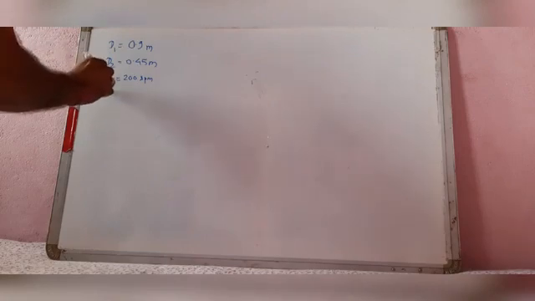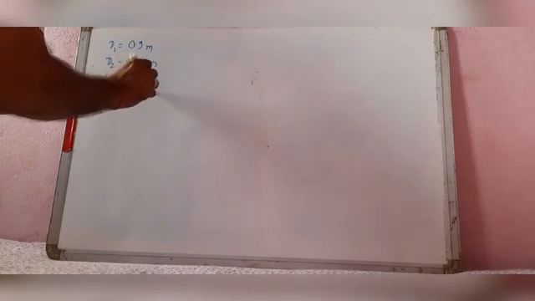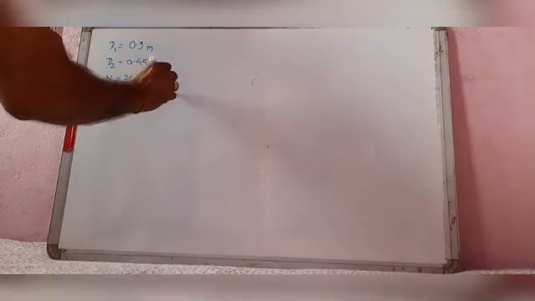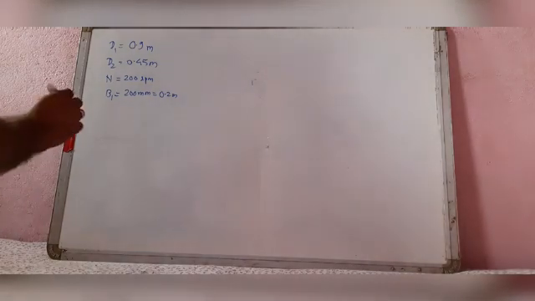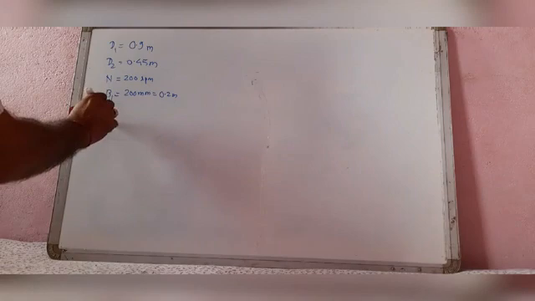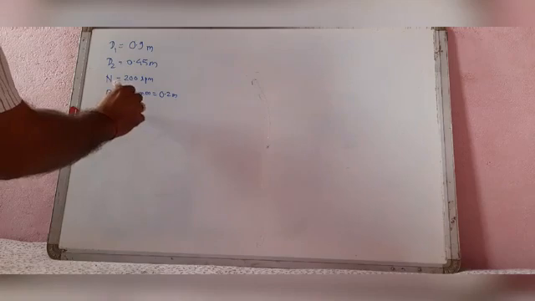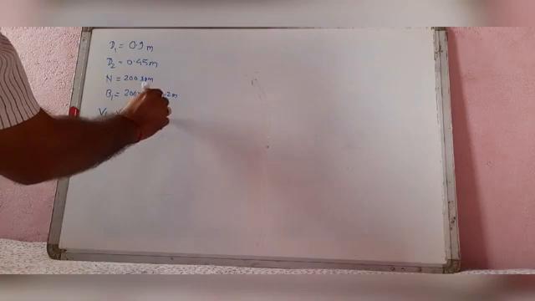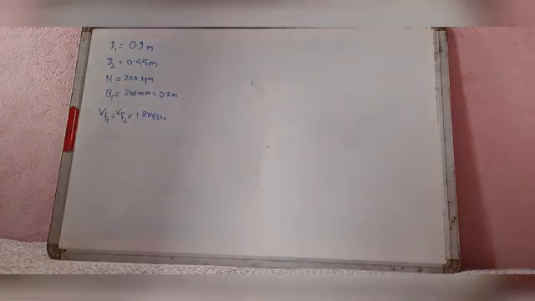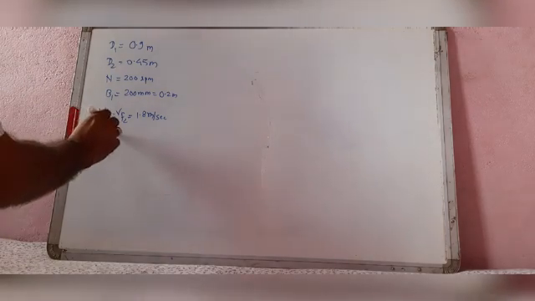Width at inlet B1 is 200 mm, that is equal to 0.2 meter. Velocity of flow Vf1 equal to Vf2 is equal to 1.8 meter per second. Guide blade angle alpha is given 10 degree.